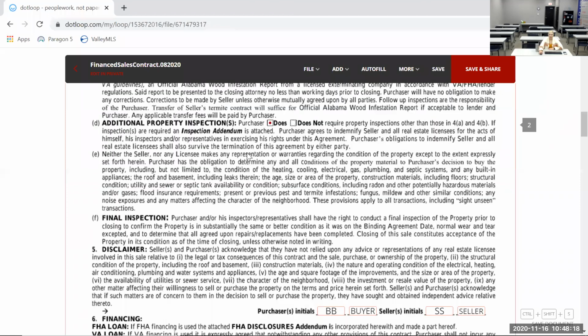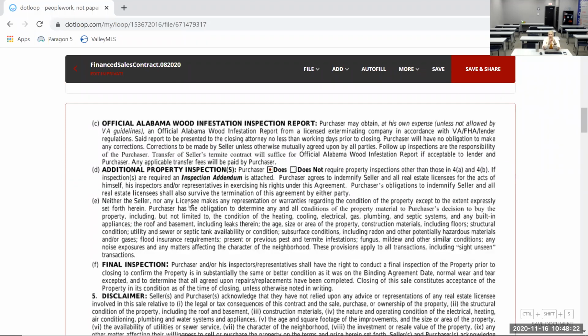All right, moving on. Alabama wood infestation report. You either need a wood infestation report prior to closing. If it's a VA, FHA, conventional is usually not required. However, they can transfer the contract, the termite contract that is currently on the property, and it will suffice if it's acceptable to the lender.